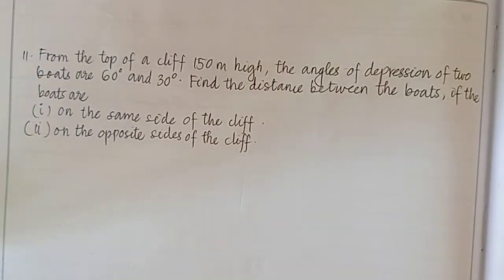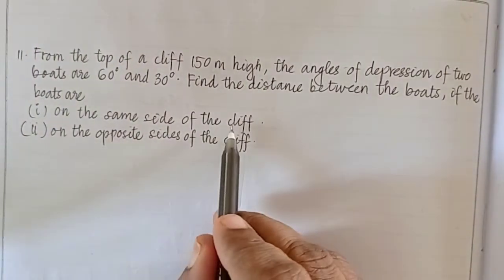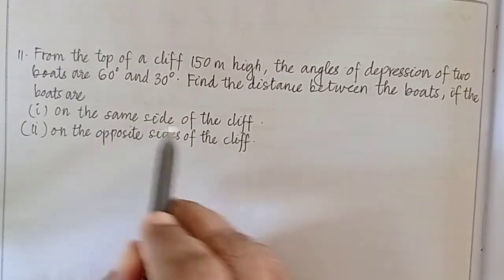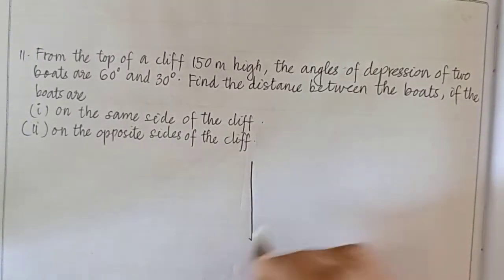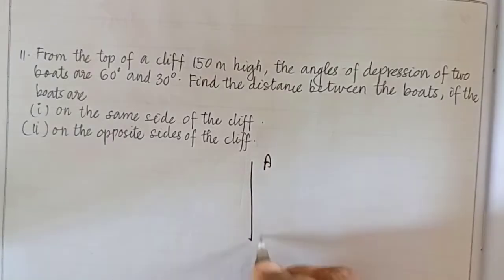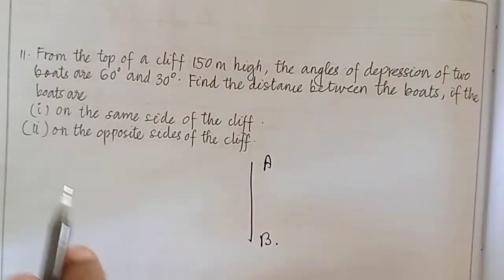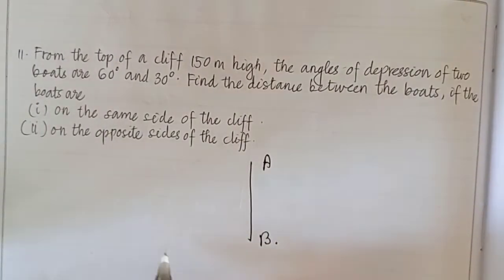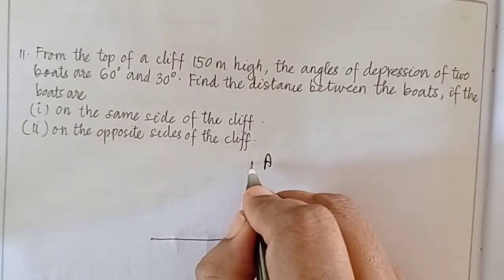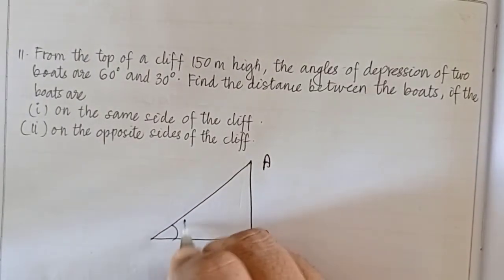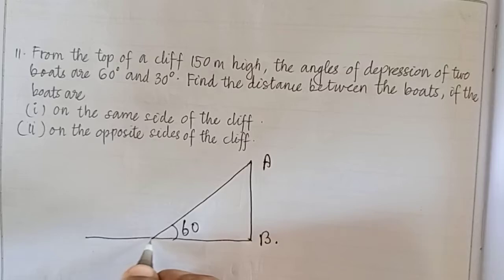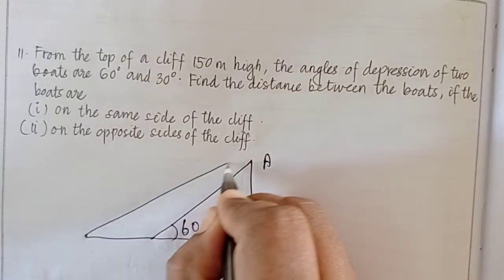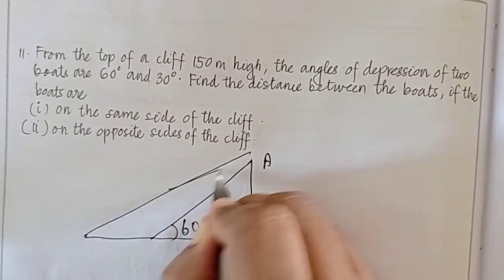Can you draw the figure? You can draw the first figure, isn't it? On the same side of the cliff. This is the cliff AB. And you can mark the first one. Two angles are here. One is 60 and the second one is 30. I think you know how to draw this angle now, isn't it?